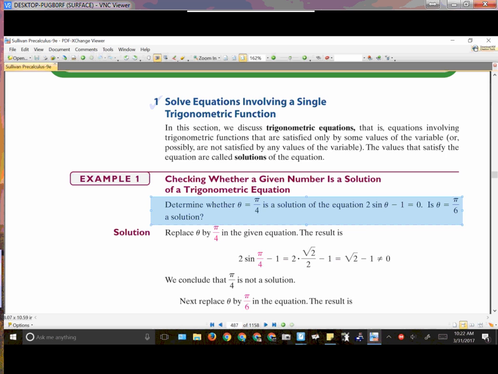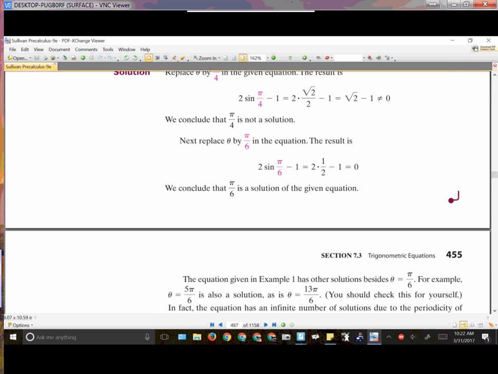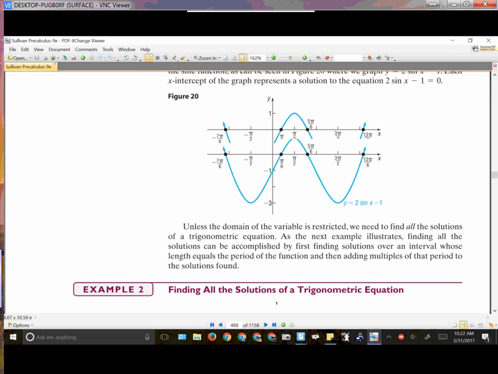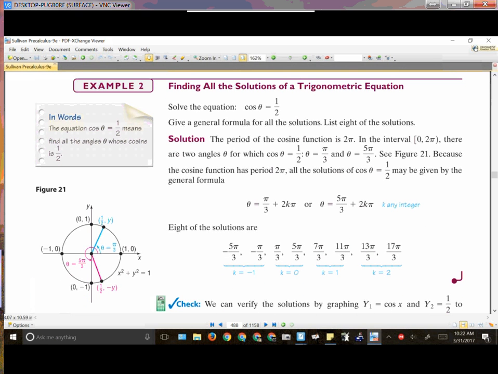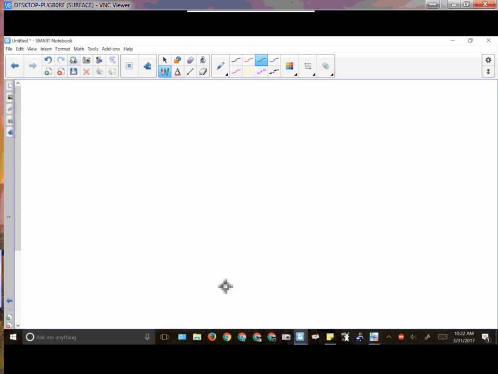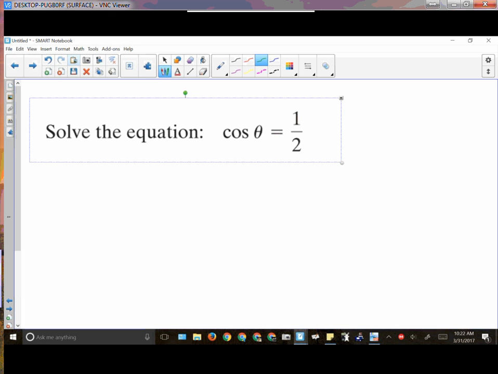Let's try something else. Now, what about this one? I want to go through and solve this. Oh, that looks fairly easy. Where is the cosine of theta equal to 1/2?